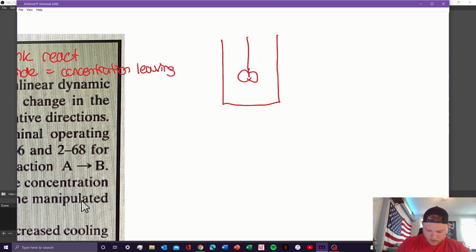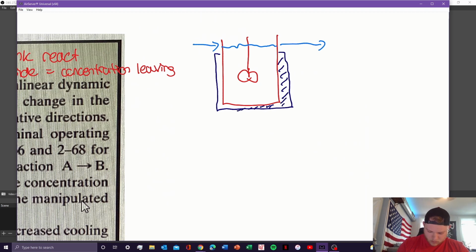We have flow coming in, and then flow going out. We have a cooling jacket, with flow coming in and flow exiting.